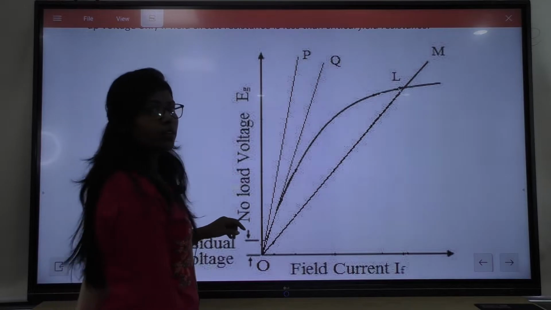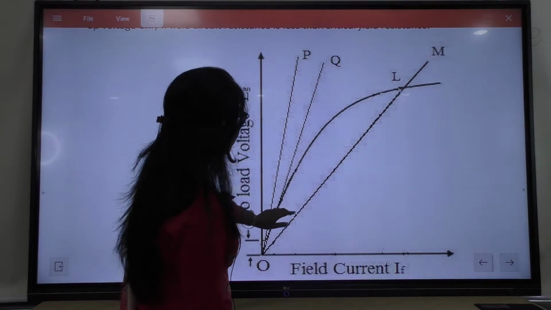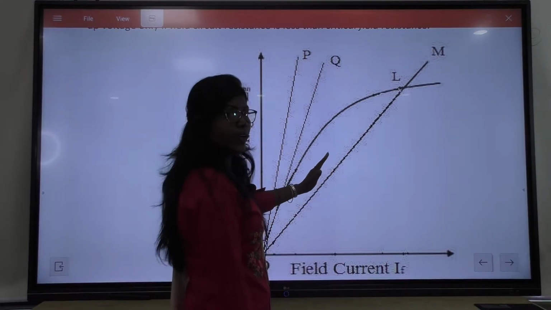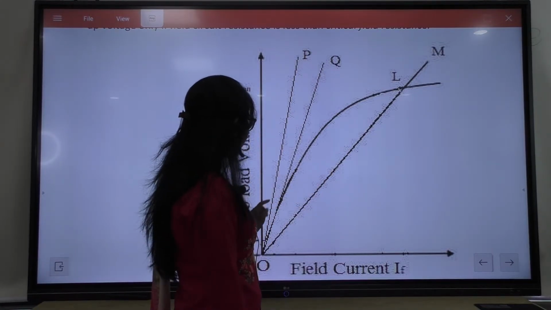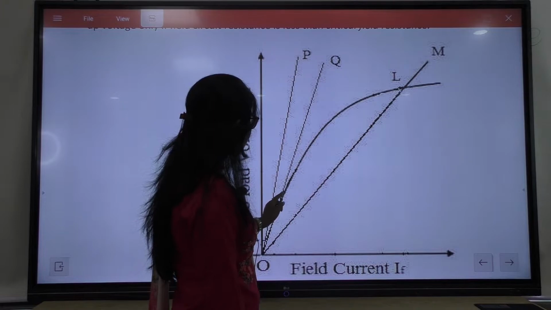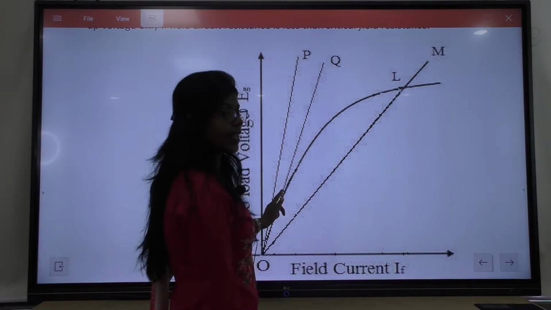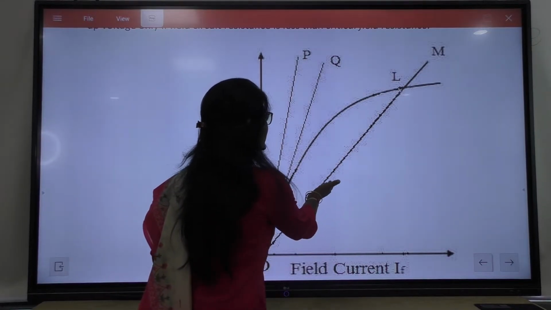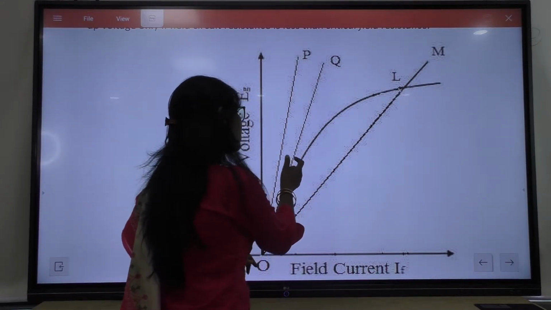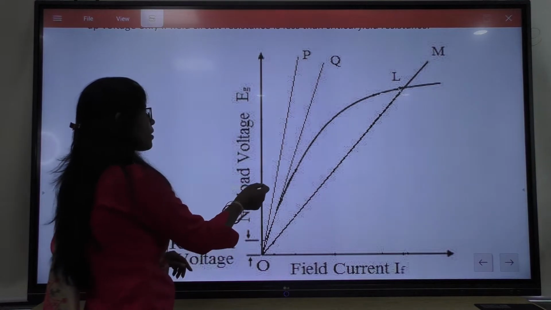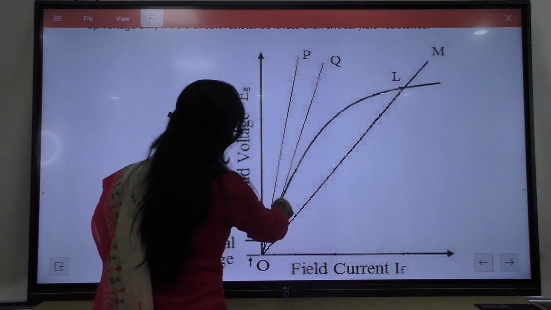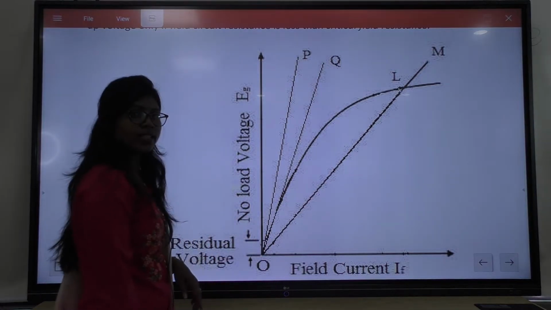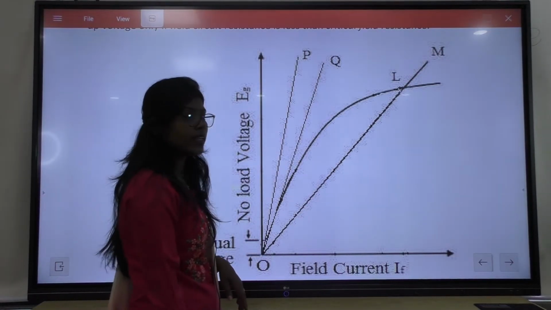So here you can see, if we increase the shunt field resistance to a point where it touches the open circuit characteristics, at a particular value of shunt field current, the shunt field resistance line touches the open circuit characteristics of the DC shunt generator.